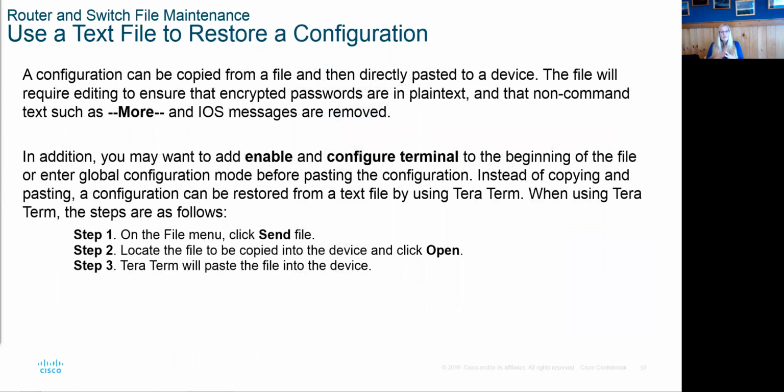One of the things you're going to want to remember is you want to remove your non-command messages like more, and you want to make sure that you add enable and config t when you copy and paste it in PuTTY. The text in the file is going to be applied as commands in the CLI, and then it's going to become the running configuration on the device.